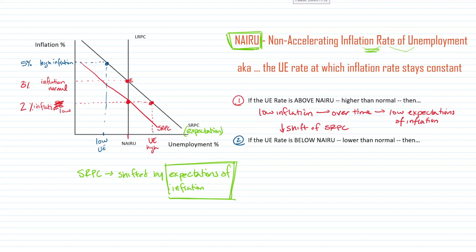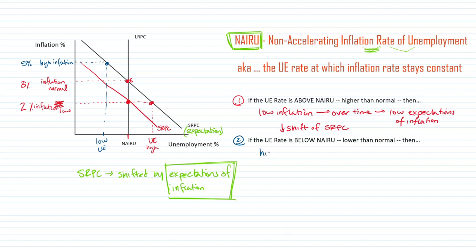While that might be an acceptable short-run point for an economy to be, this is an expansion, right? Low unemployment, high inflation. We've got this expansion, that's normal. But the longer we stay at 5% inflation, the more I begin to believe that 5% inflation is normal.